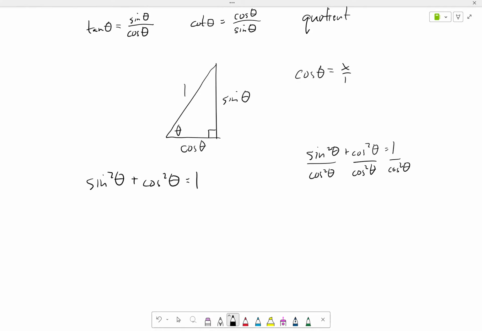Does that make sense that that's tangent squared of theta? So this is the second of the Pythagorean identities. Tangent squared theta plus 1 equals, and what is 1 over cosine squared theta? That's secant squared theta, isn't it? So there's a second Pythagorean identity.